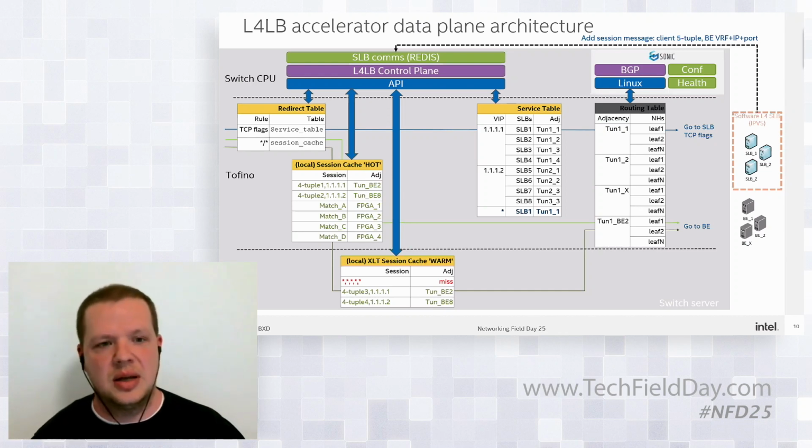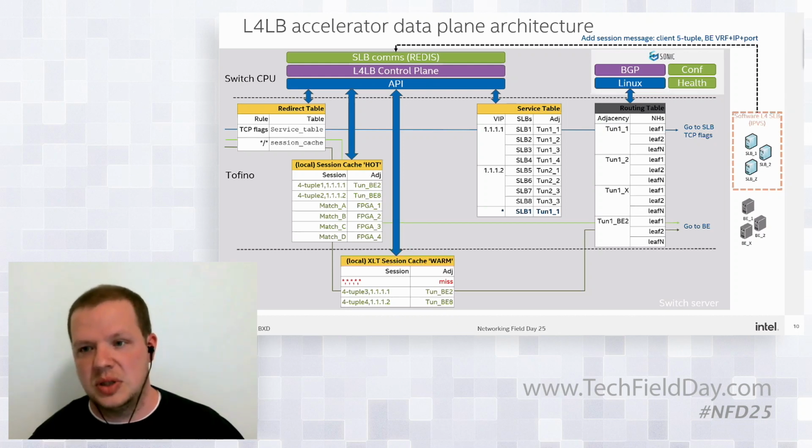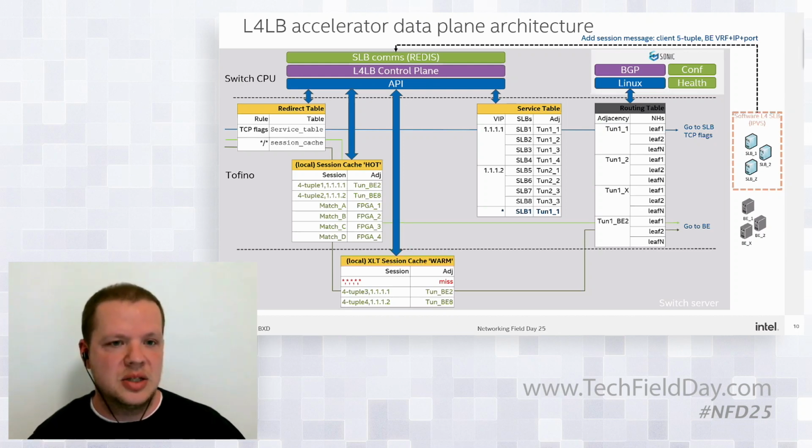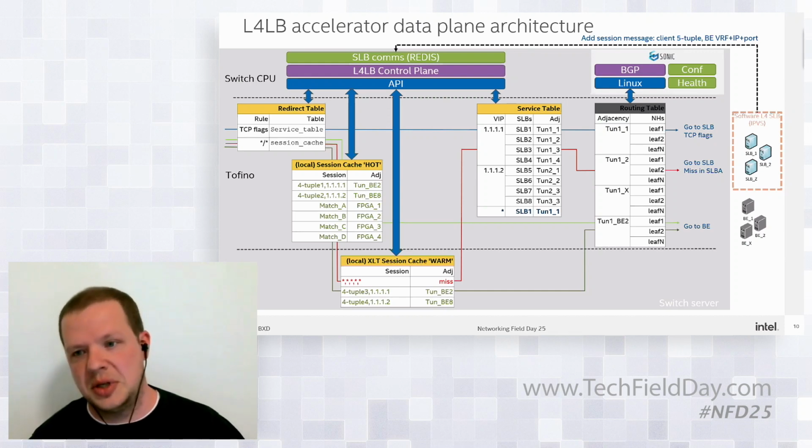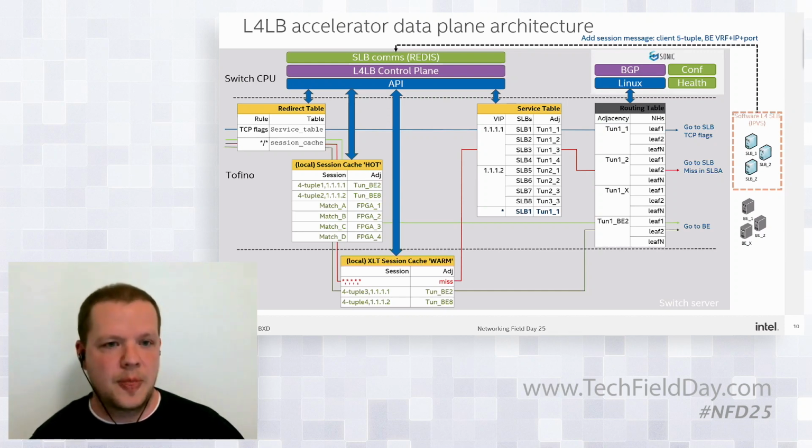Now, if that session was quite inactive and got replaced in the warm cache as well, and the warm cache is typically in the size of tens of millions of entries, the system would generate a miss also in the warm cache, and the packet would be sent to one of the SLBs for eventual processing.